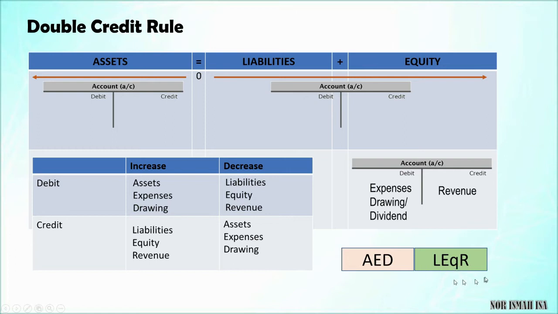So you can summarize this as A-E-D. A for asset, E for expenses, D for drawing, which is the debit side when they increase. For liability, equity and revenue, if these increase, you should credit.